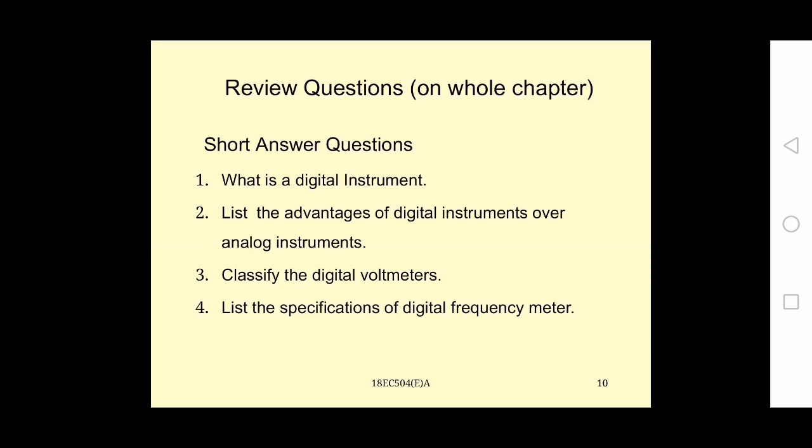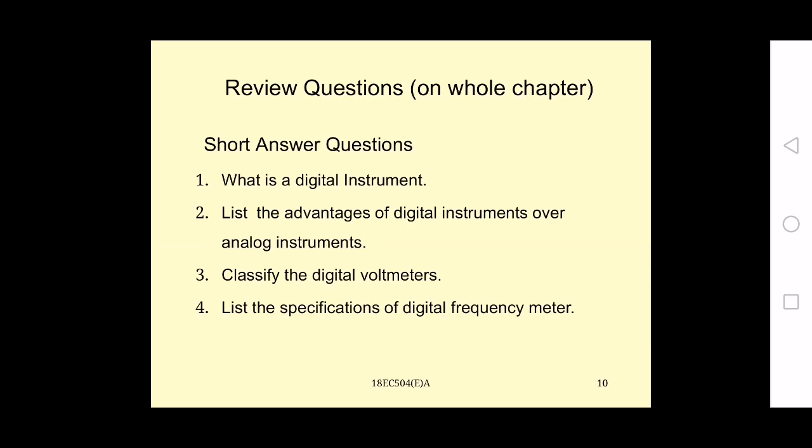Resolution and accuracy are higher, it is portable and cheap, and it can be recorded for processing. Analog quantities are not recorded, but the digital instrument data can be stored and recorded, so it can be further processed.